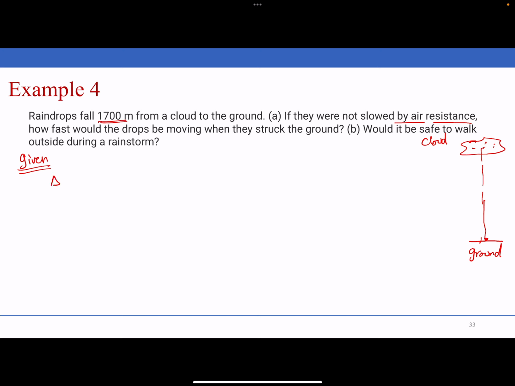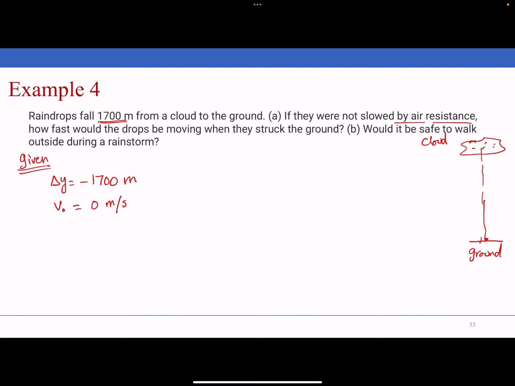So in this case, delta y is negative 1,700 meters. Now, because raindrops are going to start from rest, nobody's giving them any initial velocity. They're not being pushed down from the cloud, they just fall naturally. So initial velocity is 0 meters per second.